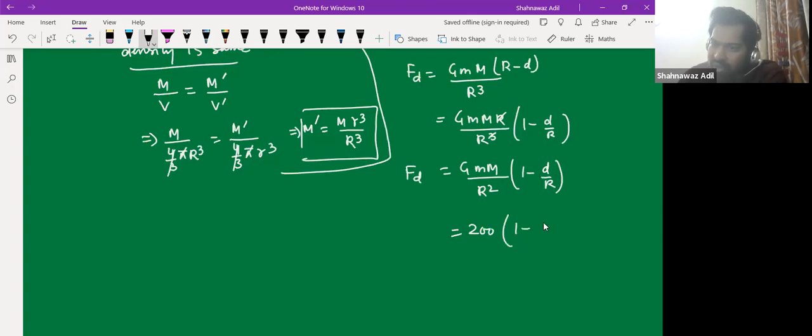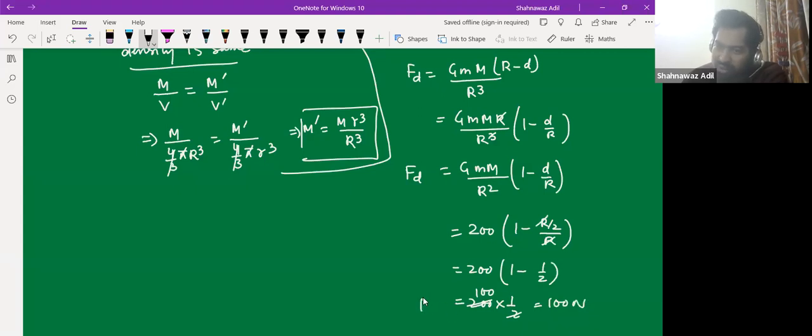For the depth, they have said that this is R by 2 and this is R. So this R will cancel, and how much will we get? This is 1 minus 1 by 2, so this is half. So 200 into half is 100. So this would be 100 newtons, the force at this depth.